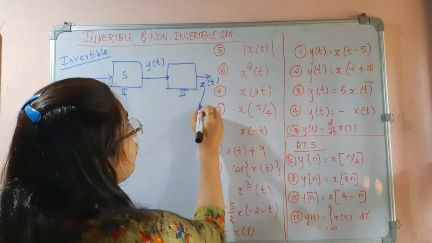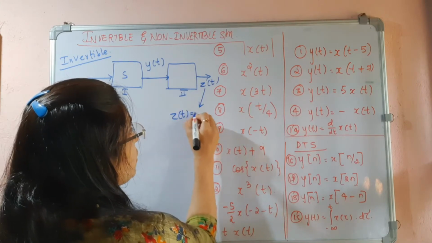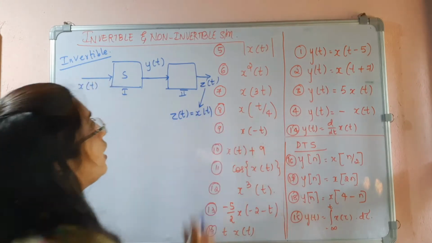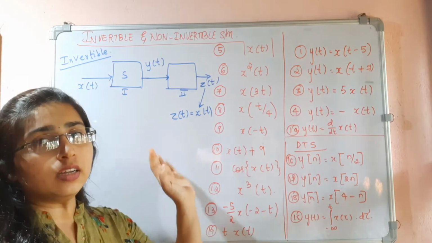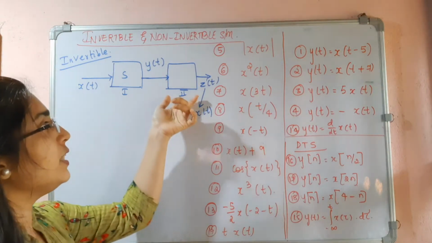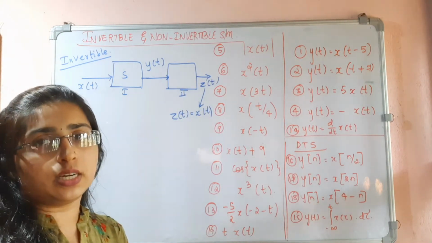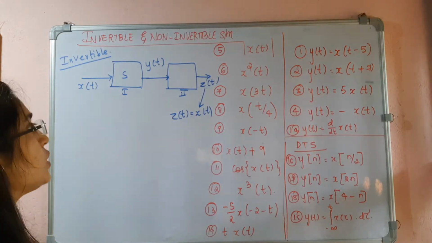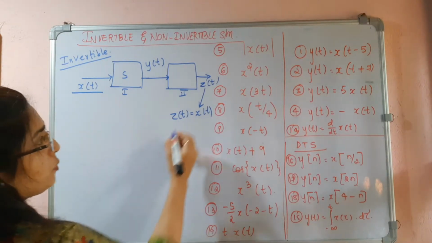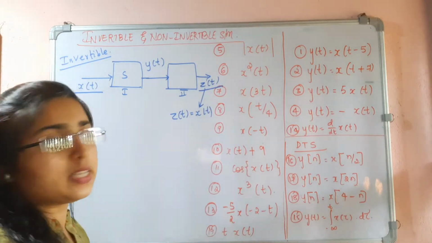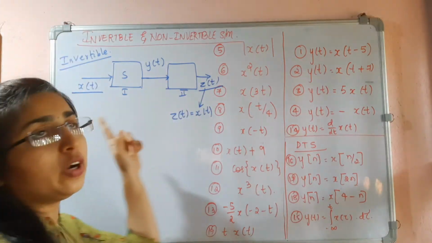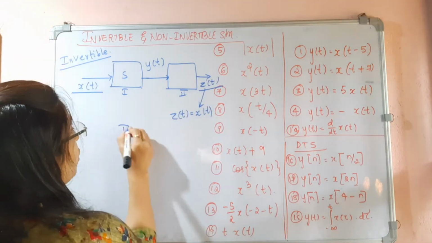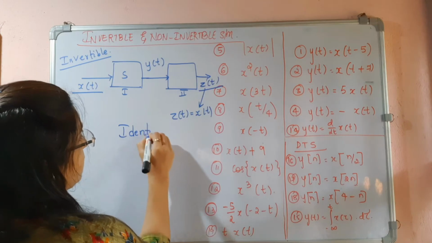If this z of t is equal to our original signal x of t, then we can say this is the invertible system, and this one is your inverse system. If x of t is the input signal and z of t is the output signal, and the output is equal to the input, then we call those systems identity systems.